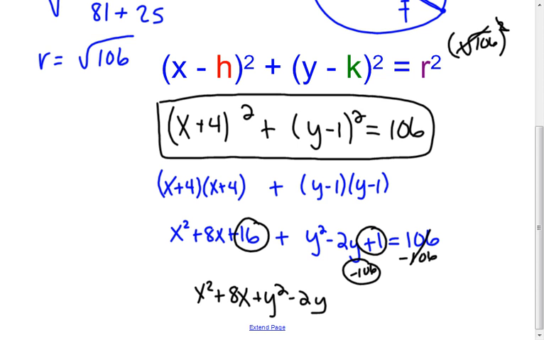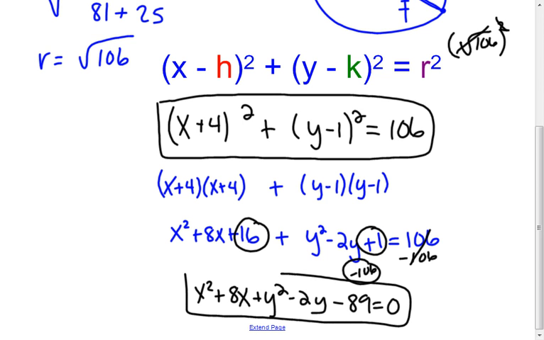When I combine 16 and 1 and -106, I get -89 equals 0. And these two equations are the same equation for the circle that has center -4, 1 and contains the point 5, -4. They're both the same kind of equation.